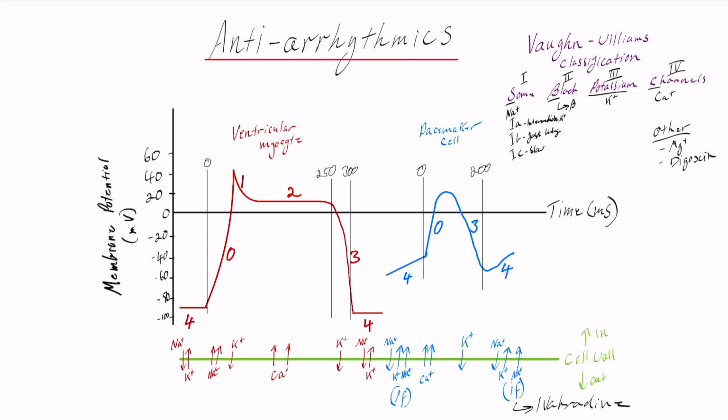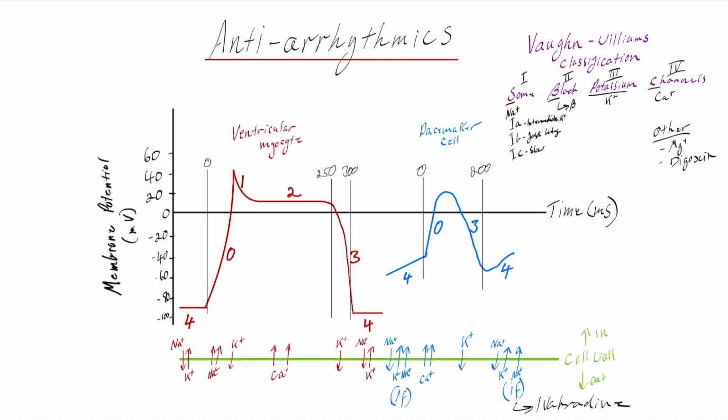But if we come back to our sodium channel blockers, and if we were to talk about our 1A agents first, and this includes things like quinidine and procainamide, if I were to superimpose the way that they change the ventricular myocyte action potential, it would look something like this.